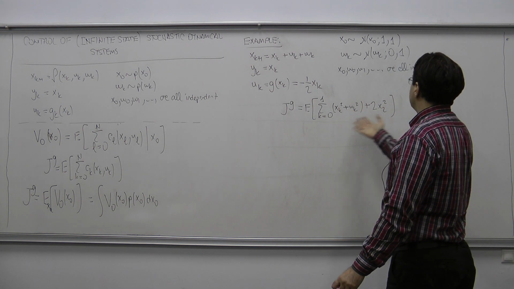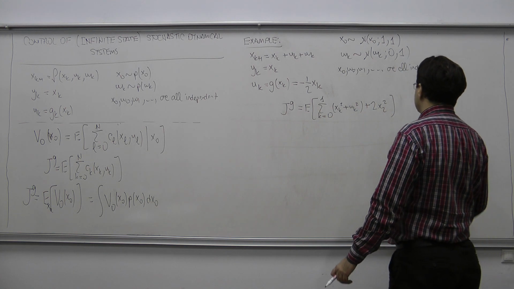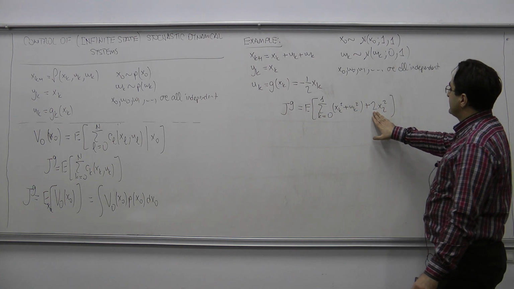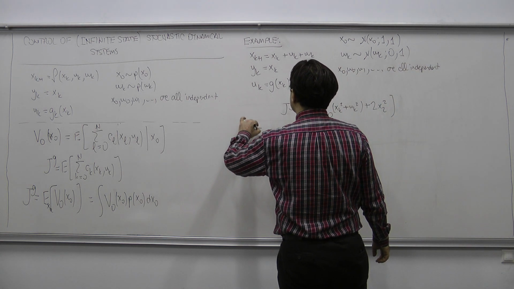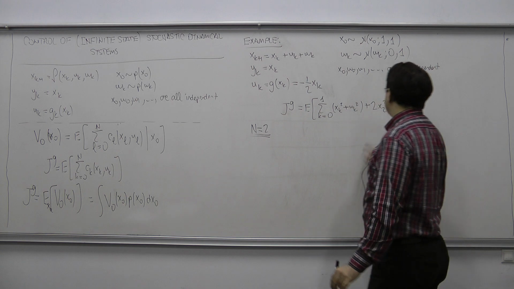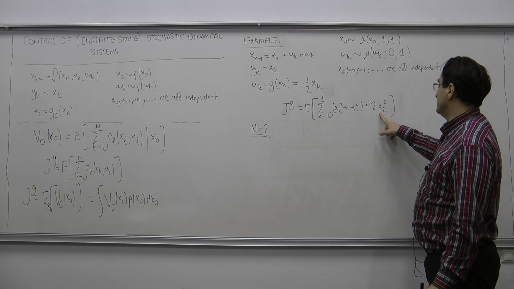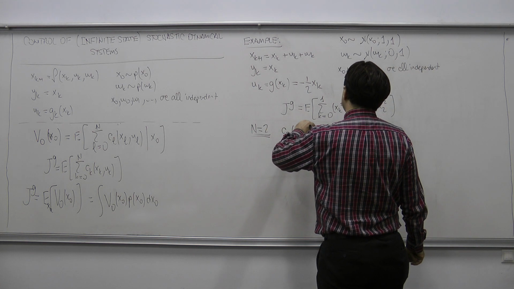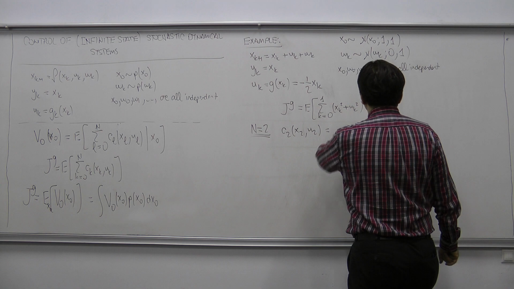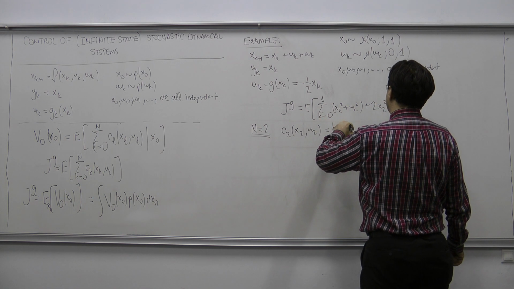So of course, this type of formulation is not strange for us. Here we see that n is equal to 2, that is our horizon variable, and I would have C2 of x2, which is just 2 x2 squared.